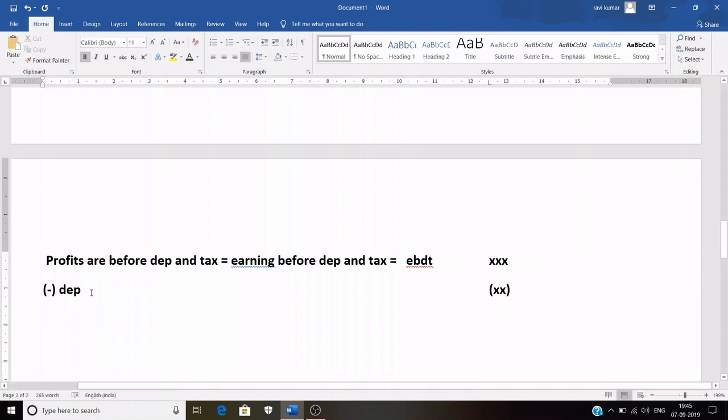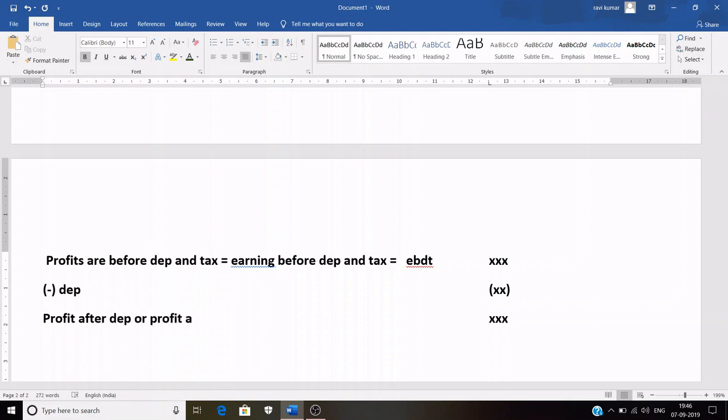After that, we would have some amount after deduction of depreciation from profits. This amount is known as profit after depreciation, or profit before tax.